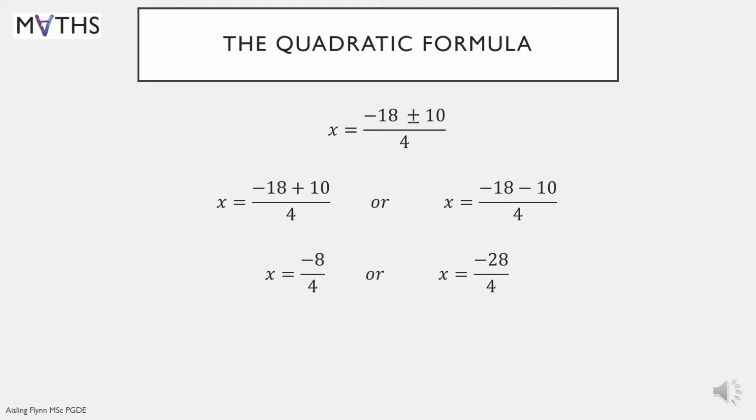The first one on the left gives you minus 8 over 4. The one on the right gives you minus 28 over 4. And when you divide by 4, you get minus 2 or minus 7. So there are two answers for x as we would expect from a quadratic equation. Quite likely we could have got that from factorizing, but this is just to demonstrate the formula.